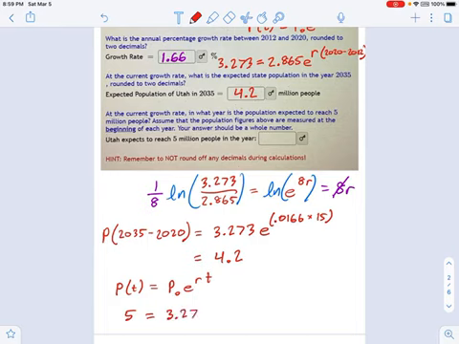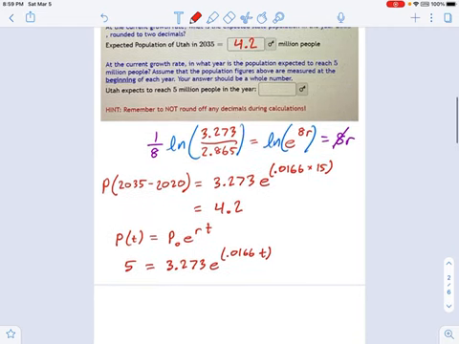3.273 e to the, I already know r. I've been assuming that as my constant this whole time. 1.66, and use lots of decimals, times t. So what we have to do here is another logarithm. So we're going to get 5 divided by 3.273, okay?